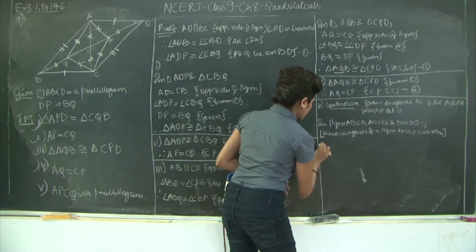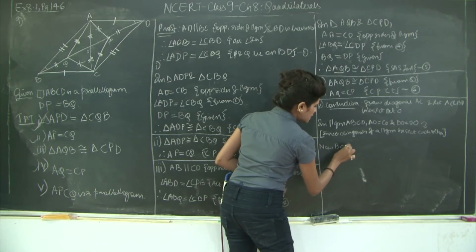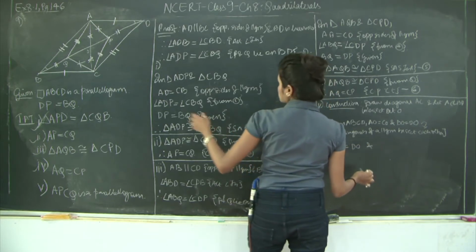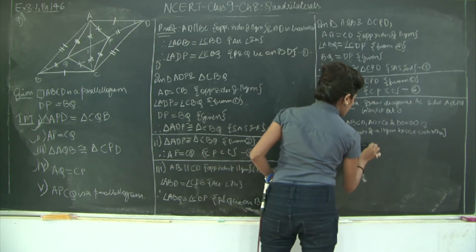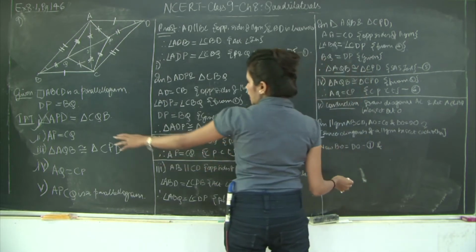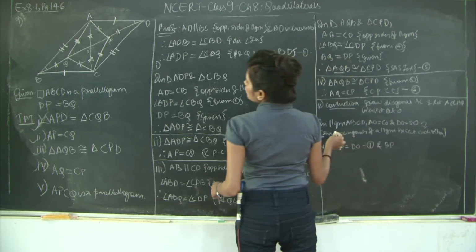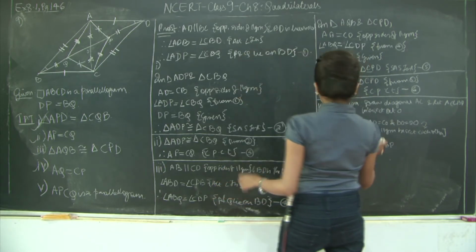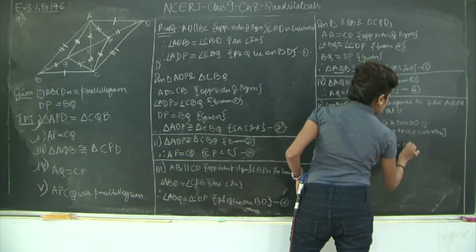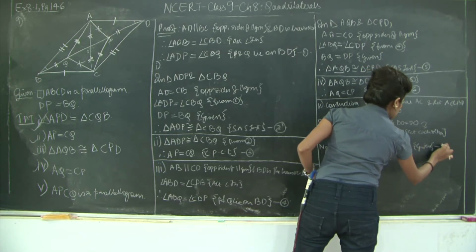Let's see how we do this. Now BO is equal to DO, and let's mark this as 7, and I have BQ is equal to DP. This is given, correct? Let's mark this as 8.